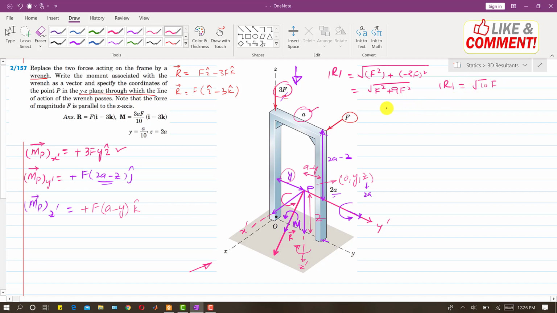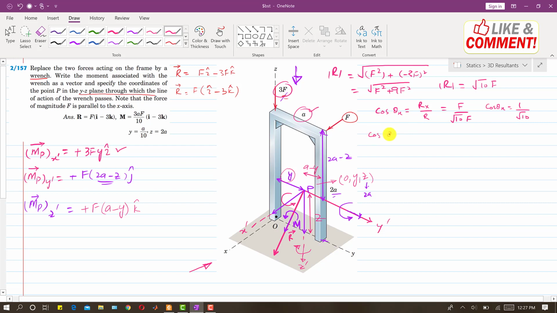Now if we find the direction cosines of R, cos theta x of the resultant will be Rx divided by the R magnitude. Rx magnitude is F, and this is root 10 F. If I cancel this, cos theta x comes out to be 1 by square root 10.